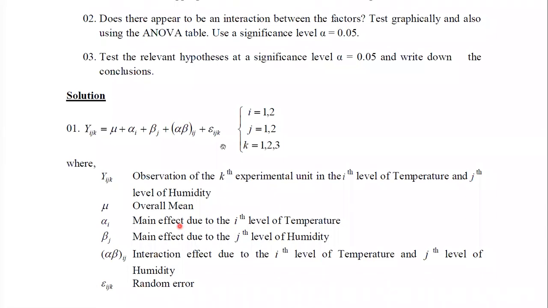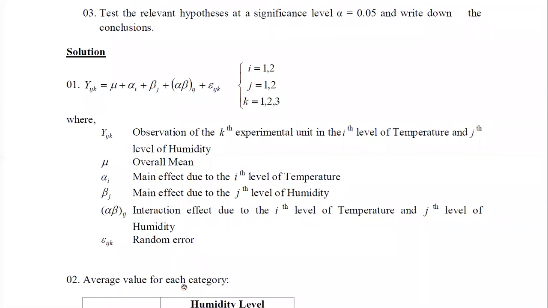Then epsilon ijk is for the random error. Okay, this is the solution for the first part. We have just mentioned the statistical model.